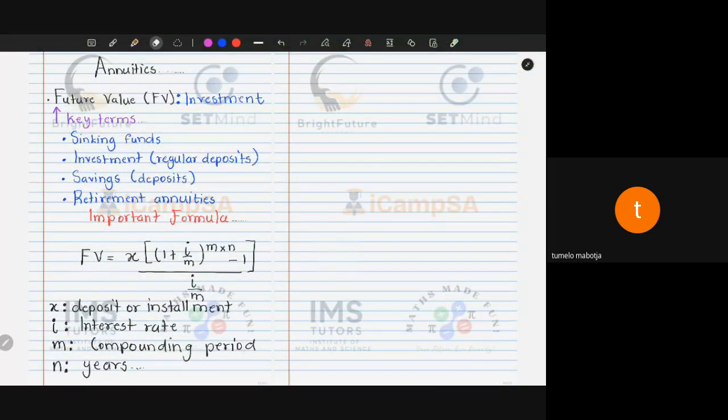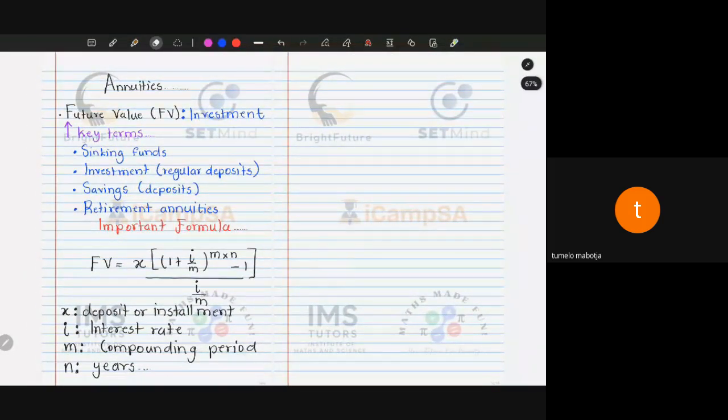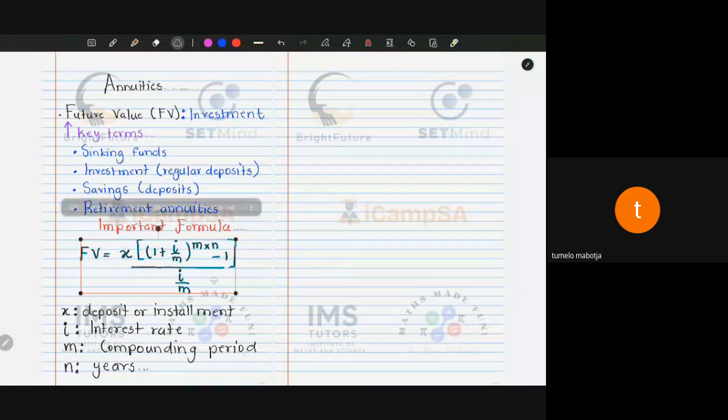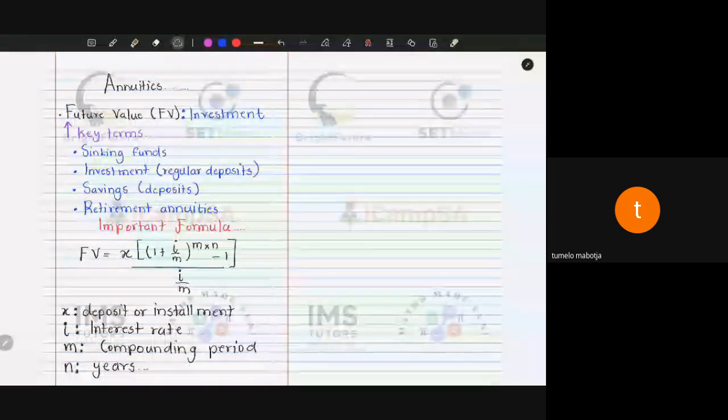So that is all we need. And then FV, we said it's the future value. So that is sorted. So this is the formula that we are going to use for our calculation. It doesn't get more complex than this. Very straightforward. All we need to understand is what we are looking for.